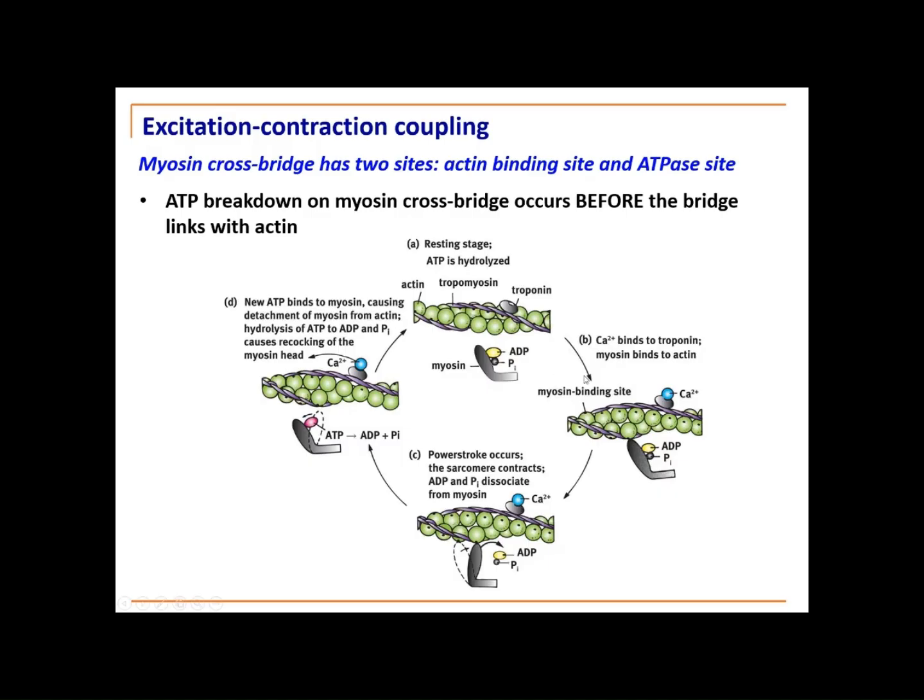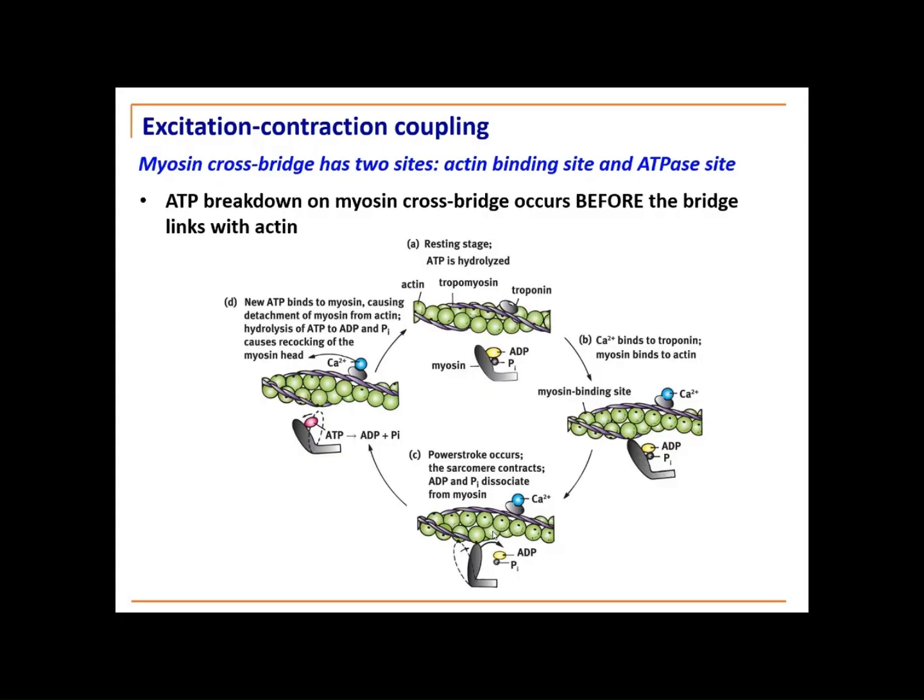The next stage that happens is the calcium is released because we've got the action potential going down the T tubules, opening up the calcium channels and leading to calcium being released from the sarcoplasmic reticulum. This binds the troponin, moves the tropomyosin to the side, opens up the myosin binding site on the actin, and now the activated myosin can bind to the actin itself. And then the power stroke occurs and the sarcomere contracts and ADP and phosphate dissociate from the myosin.